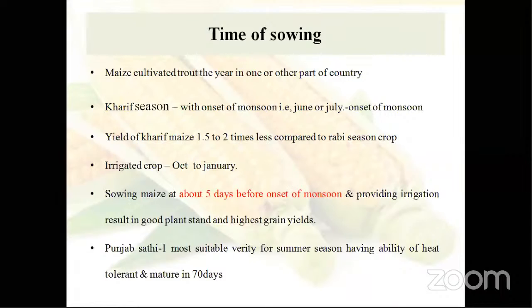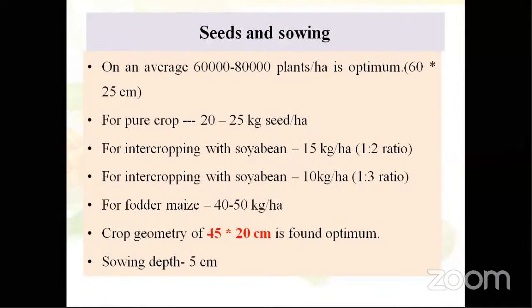It is more suitable for summer cultivation, and within 70 days we can harvest the crop. That is about time of sowing. In Kharif season, we have to sow based on the onset of monsoon in June, July. In case of irrigated crop, October to January.